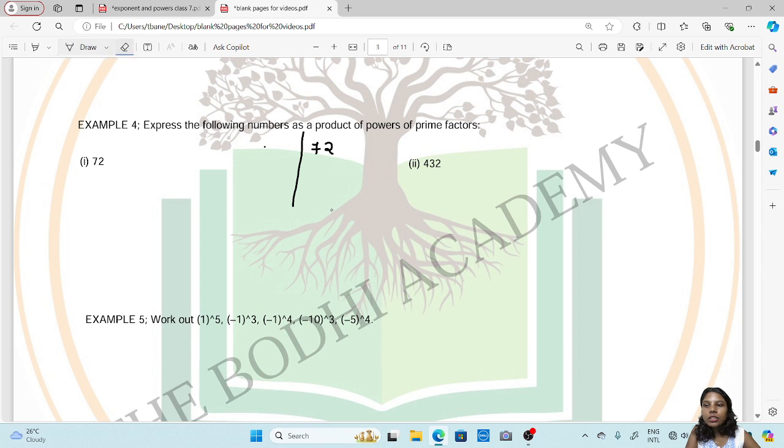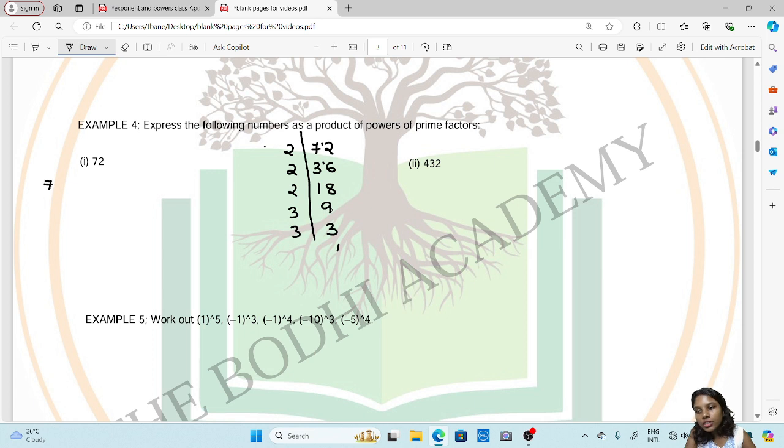So we'll start with the 2 table. 2 3s are 6, 2 6s are 12, 2 8s are 16. Then we have 3 3s are 9 and 3 1s are 3.